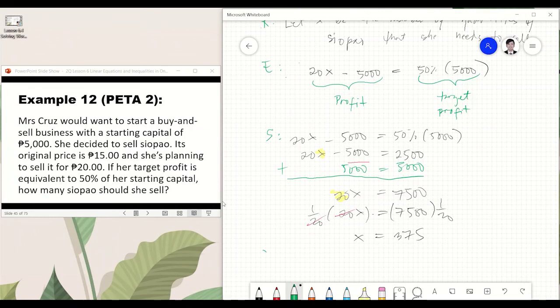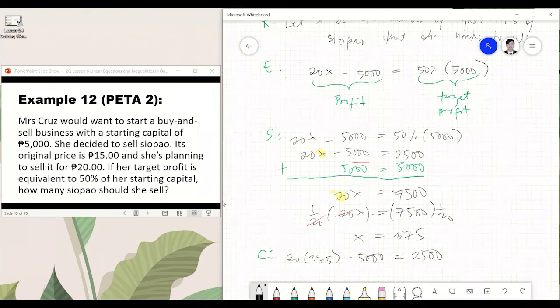So, double check natin kung tama talaga. So, for example, 20 pesos each and then 375 pieces yung natinda niya. Yung starting capital niya, hindi counted yun as profit. That's 5,000. Kaya nag-subtract tayo. So, take note, 50% of 5,000 is 2,500.